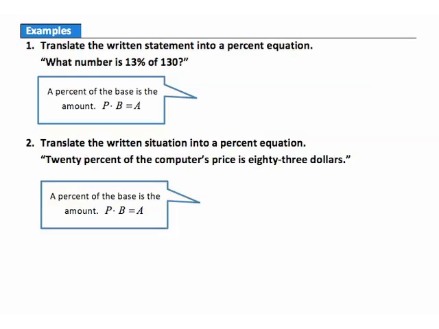Now let's take a look at some examples that will help you understand how to translate a written statement into a percent equation. Example 1. Translate the written statement into a percent equation. What number is 13% of 130? So we want to think in the generalized form, a percent of the base is the amount.